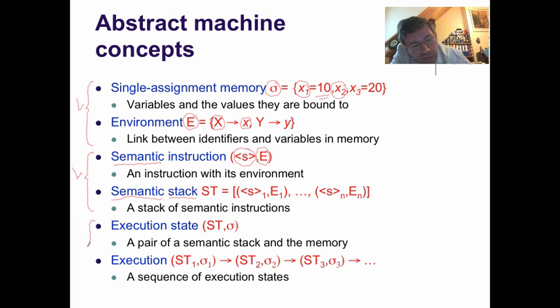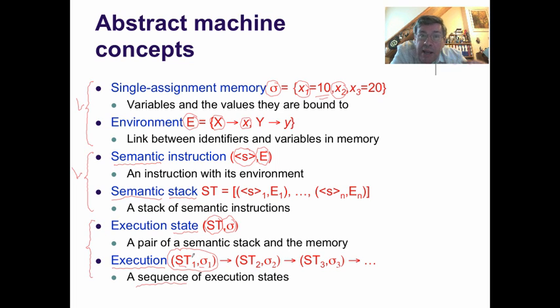The third part is the actual execution. This consists first of an execution state. At any moment in time, we have a semantic stack and a memory: the instructions that have to be executed and the memory that they work on. Then the actual execution is a sequence of these states. We start with an initial state, an initial semantic stack and an initial memory.